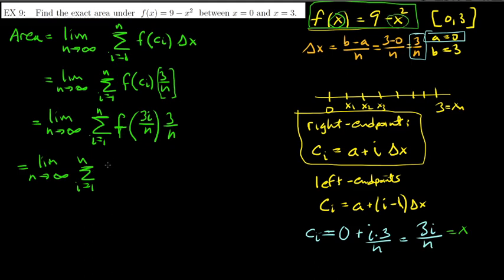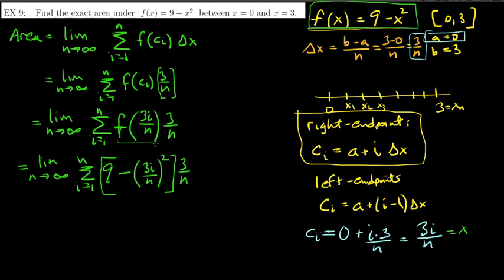So that's going to be 9 minus x, which is 3i over n, squared. That's my f of 3i over n. And all of that gets multiplied by 3 over n. Okay, so far?